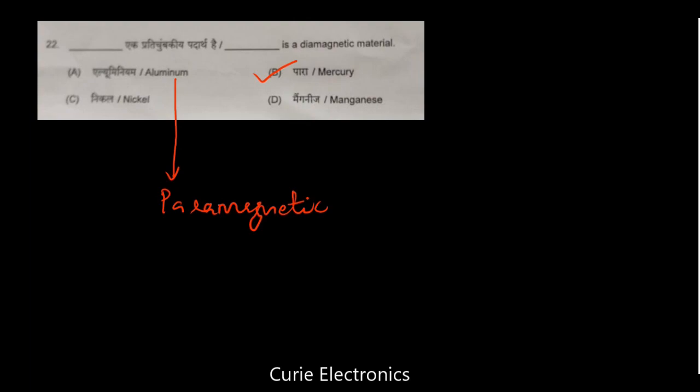See, for a diamagnetic material, permeability, that is mu, is less than 1. For paramagnetic, mu is greater than 1. For ferromagnetic, it is a high value, and this ferromagnetic material will get magnetized highly if you place it in a magnetic field.